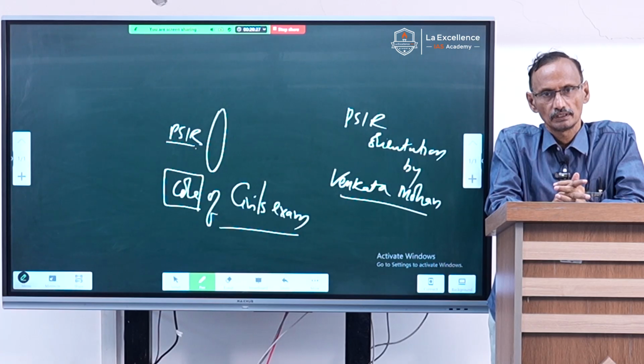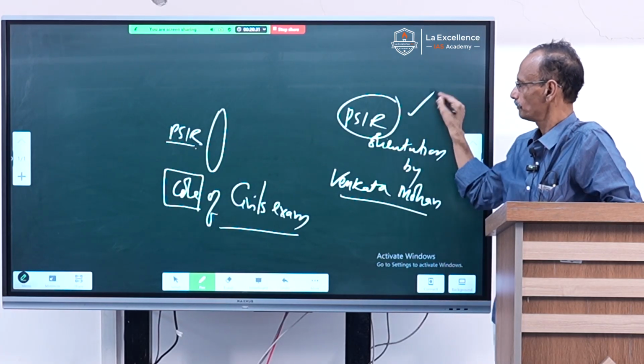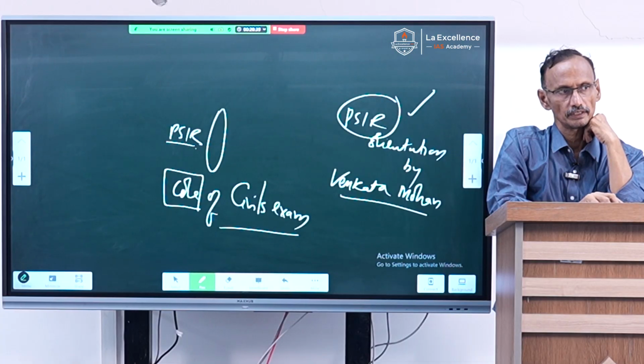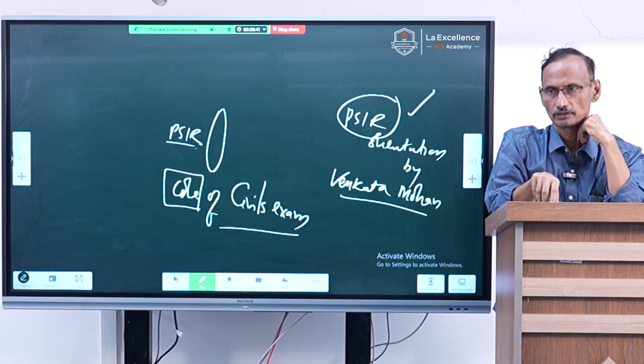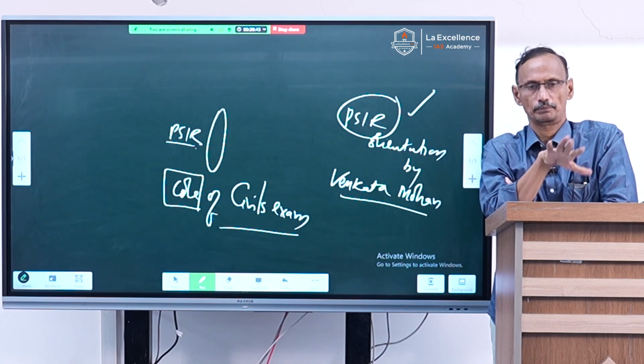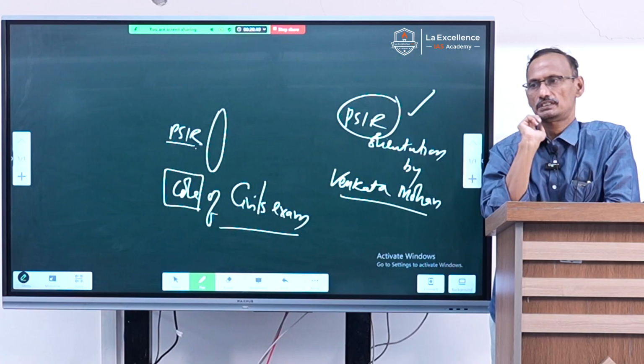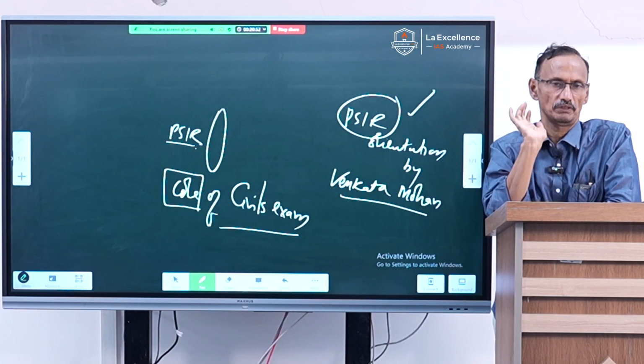And you see, that is just what the PSIR syllabus is. So that is why PSIR is most related, compared to any other optionals, to the entire scheme of things.